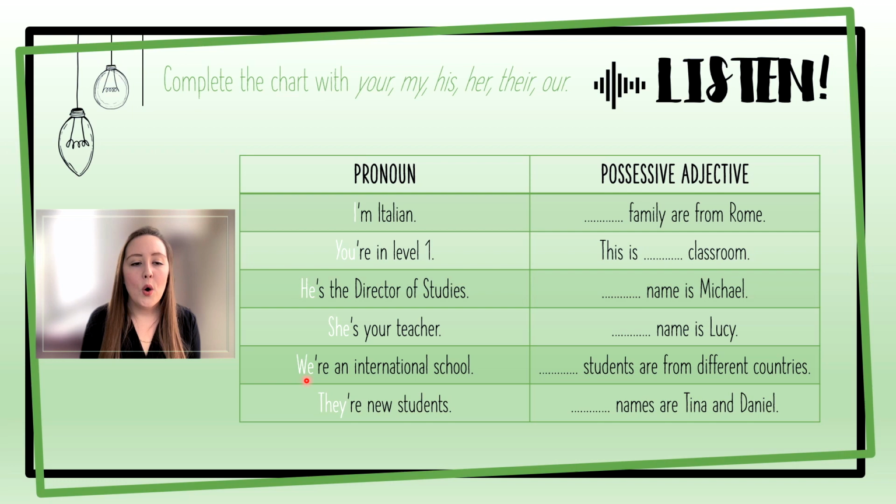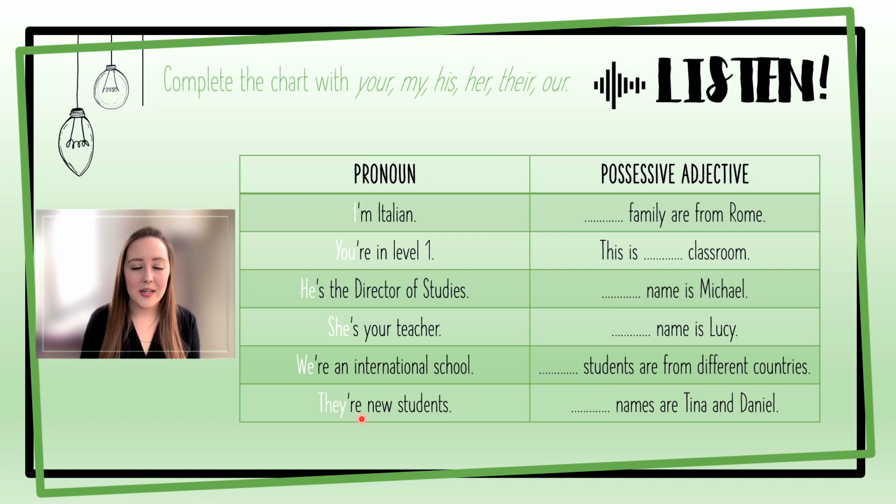Pronoun. We're an international school. Good. Possessive adjective. Our students are from different countries. Okay, did you write it down?